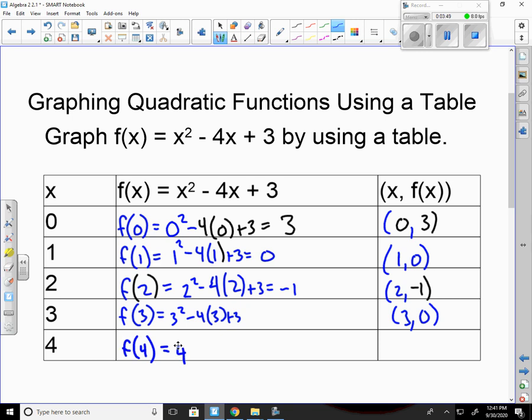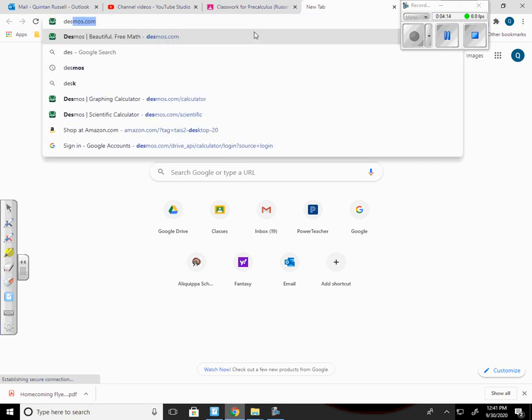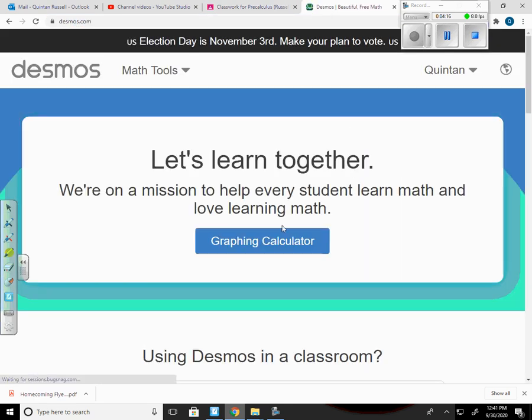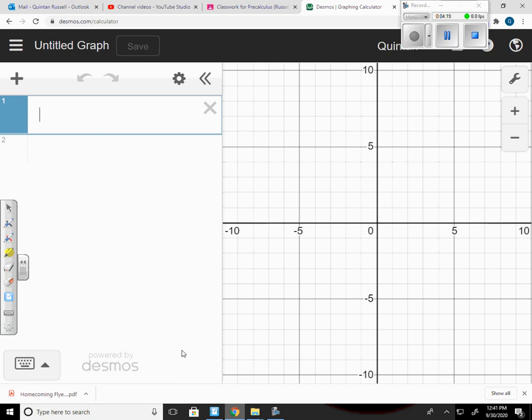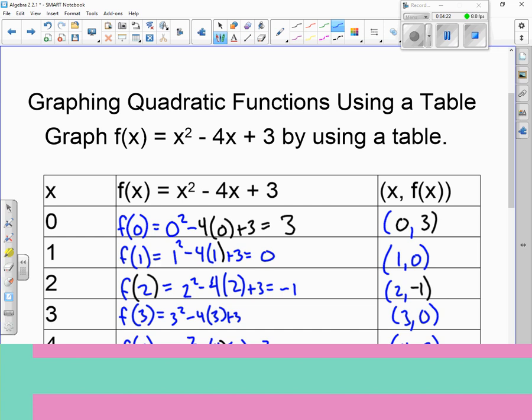This last one is 4 squared minus 4 times 4 plus 3. 4 times 4 is 16. 4 squared is 16. 16 minus 16 is 0. Plus 3 is 3. So I have 4, 3. Now I can graph this using that table and go into my Desmos. And I can just plot those points. 0, 3, 1, 0, 2, negative 1.